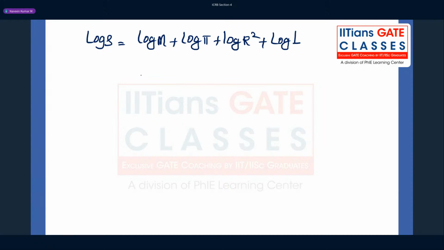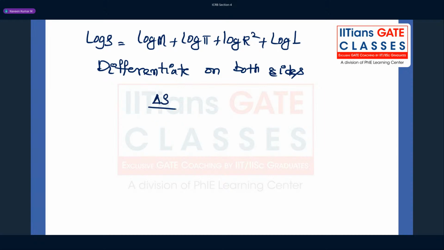You can differentiate on both sides. If you do, it is 1 by rho, and differentiating gives d rho. I'm writing delta rho, d rho and delta rho, just like this. D rho by rho is equal to d m by m.